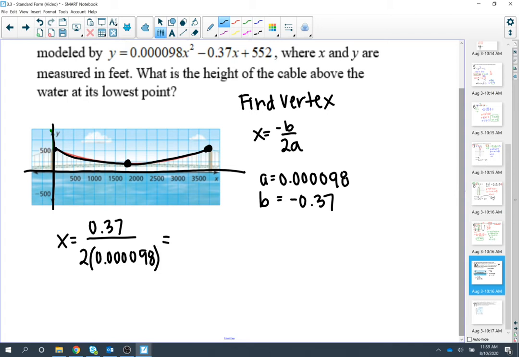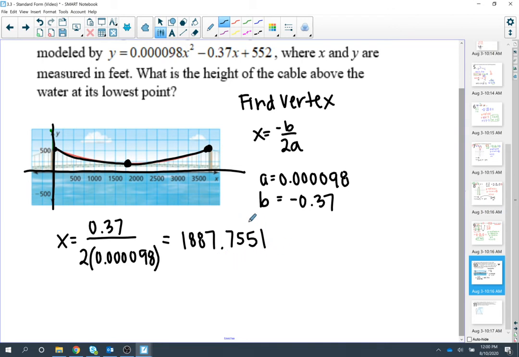Now again, for this, I'm totally using a calculator. So I'm typing 0.37 over 2 times 0.000098, which is giving me a huge number. I'm getting 1887.7551. And there are more decimals, but I'm just going to leave it at 4 for right now.